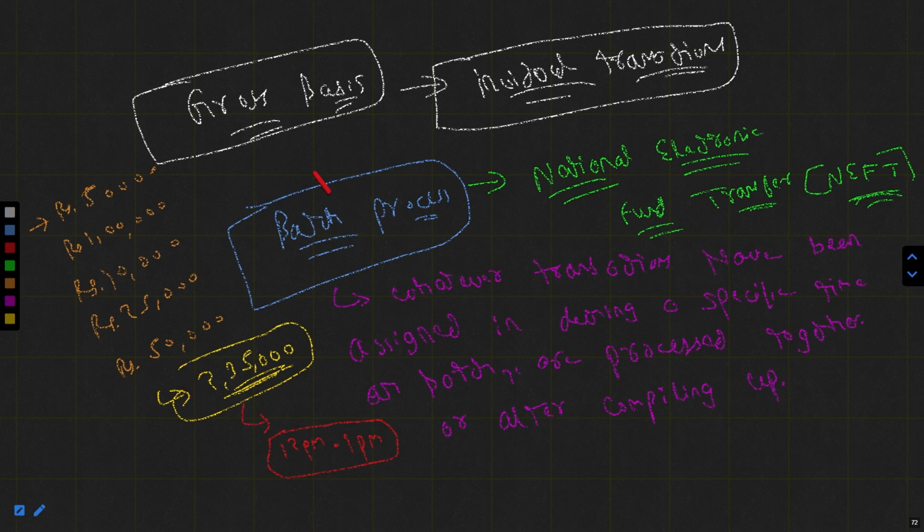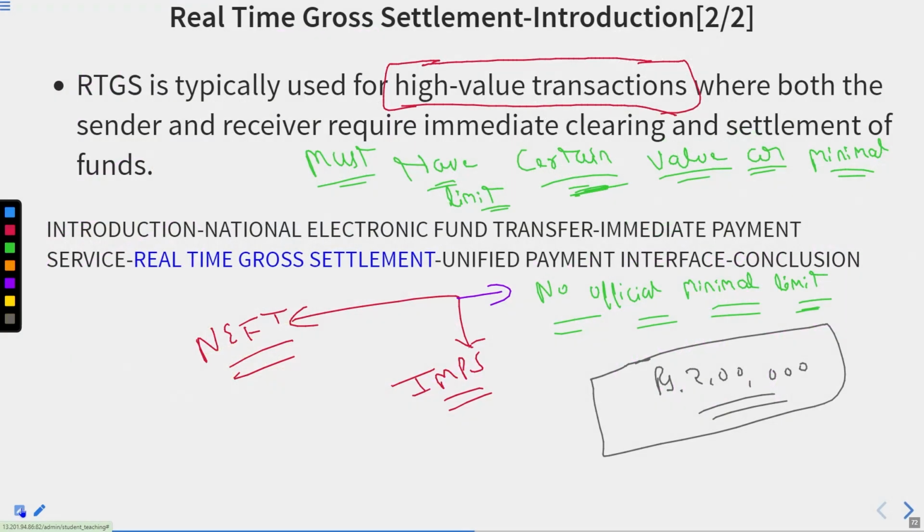But when we talk about RTGS, RTGS will not go with batch processing. Instead of compiling up, all the transactions will be processed separately. That's how the system works.